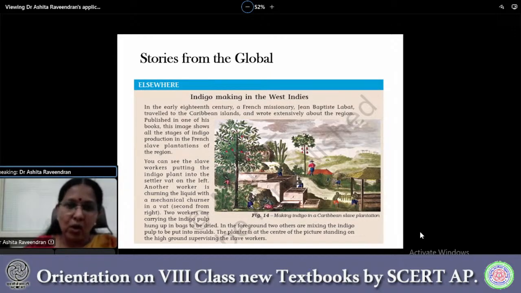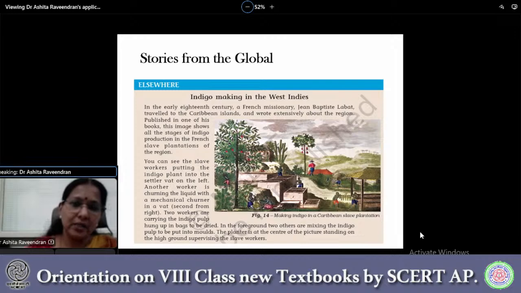Now, I have already stated this earlier. We have stories from the global scenario also given in our textbook. Even though most of the text is dealing with Indian situations and speaks in the Indian context, we have still given many stories from the global scenario, like what was happening in other countries when something was happening in our country.